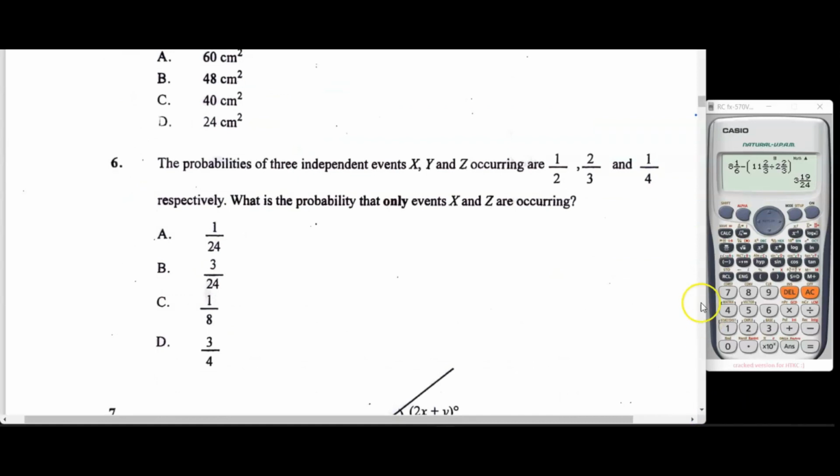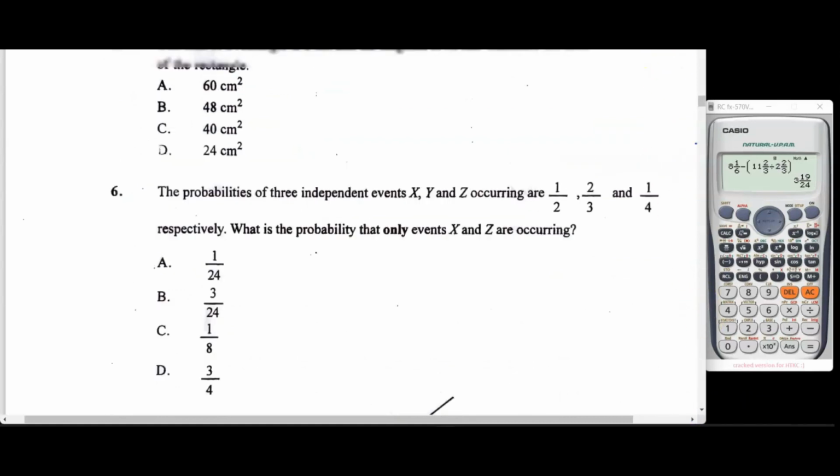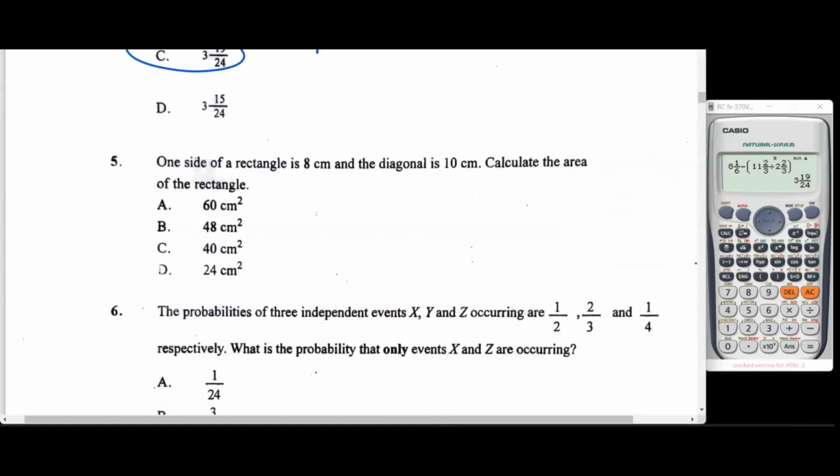Question number 5 says, one side of a rectangle is 8 centimeters and the diagonal is 10 centimeters. Calculate the area of the rectangle.